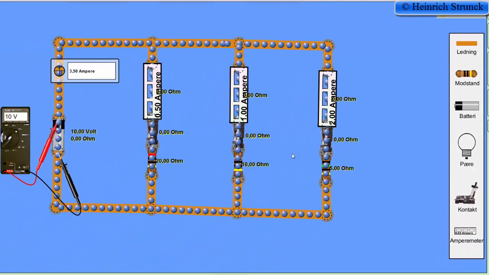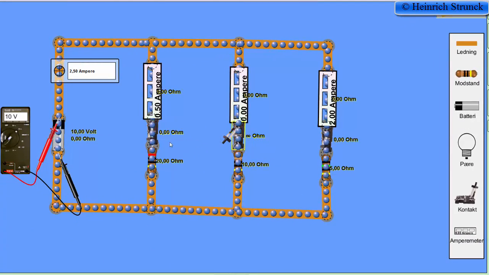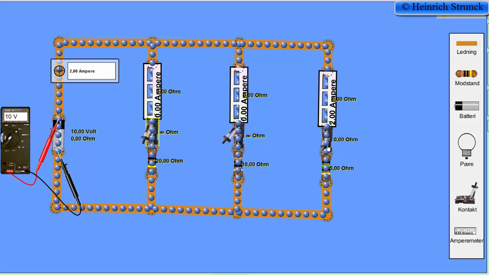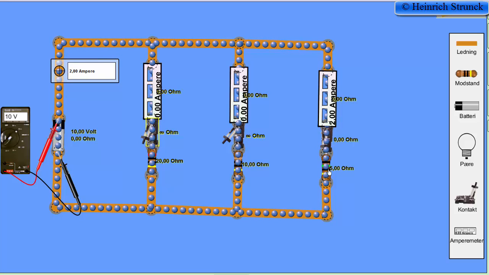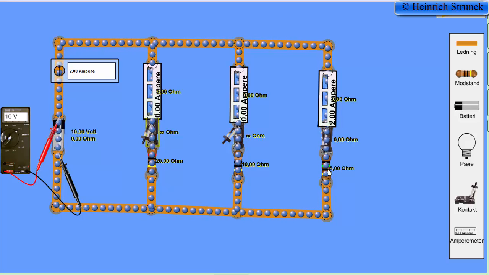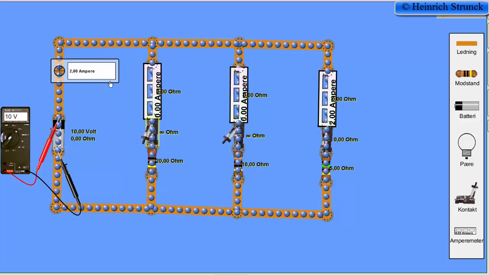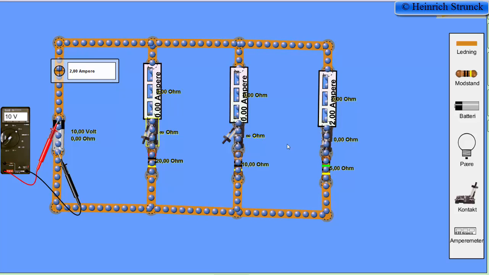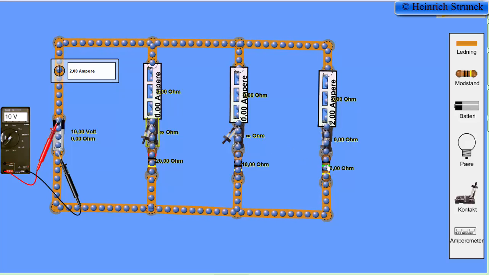So we can try to change this value to 2.857 and see if the total current will be 3.5 amp.